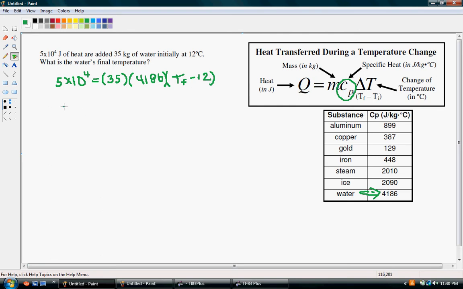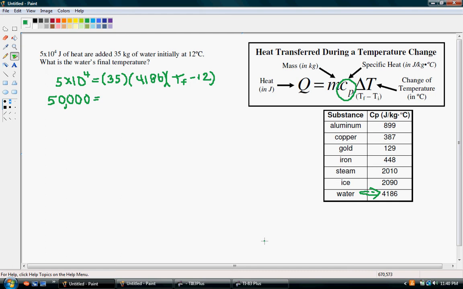Alright, so now we're going to simplify this. Again, you can continue to write it the same way, or you can switch it up. 1, 2, 3, 4. So we have 50,000 joules of heat.